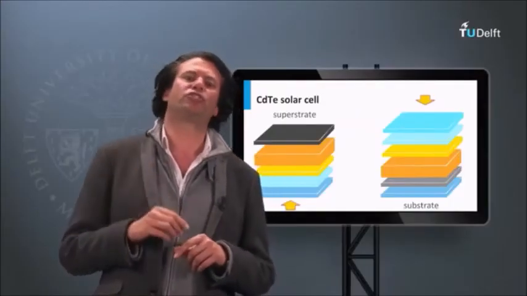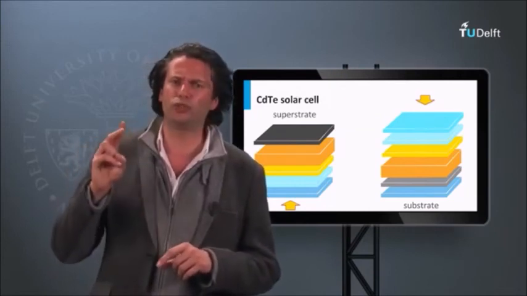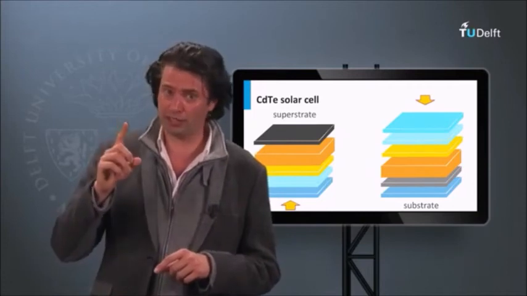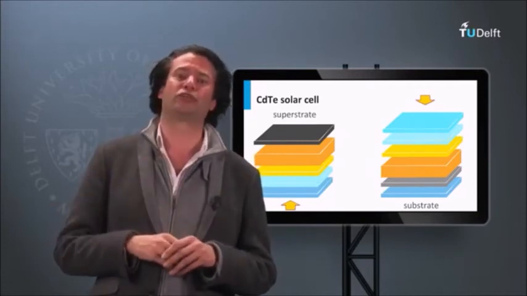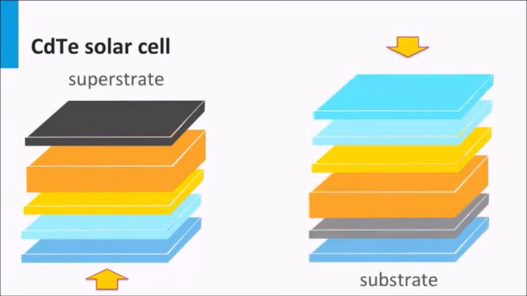An important concept I did not discuss for the thin film solar cells is the two types of solar cell configurations, the superstrate and the substrate configuration. A superstrate configuration is a cell concept in which the substrate on which the solar cell is processed acts as the front window at which the light enters the solar cell.